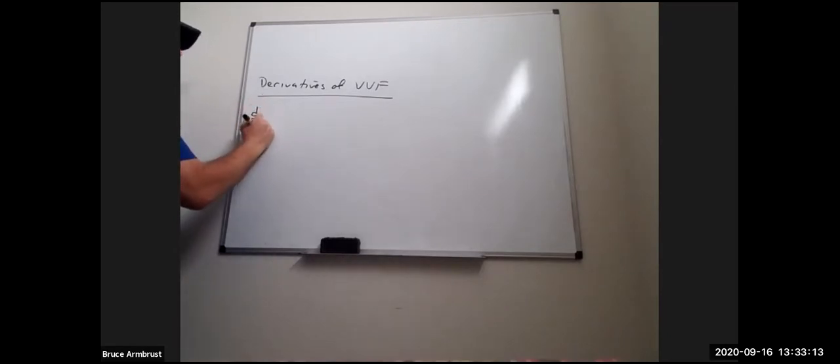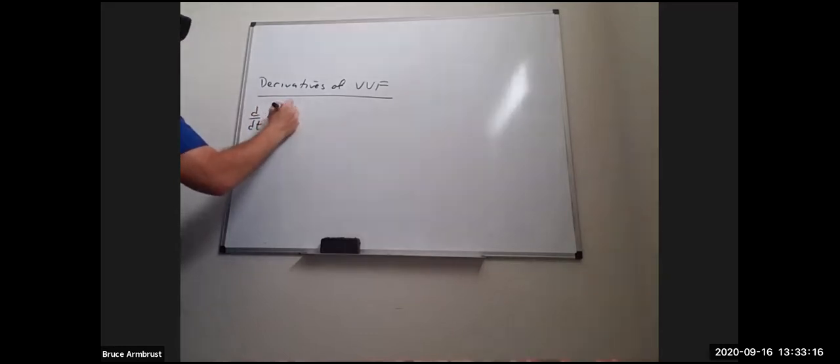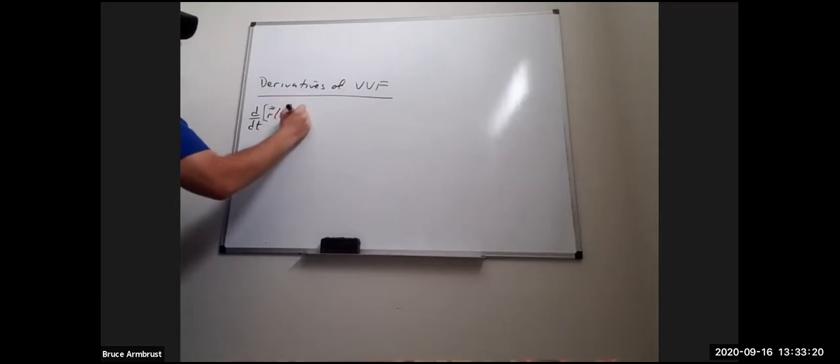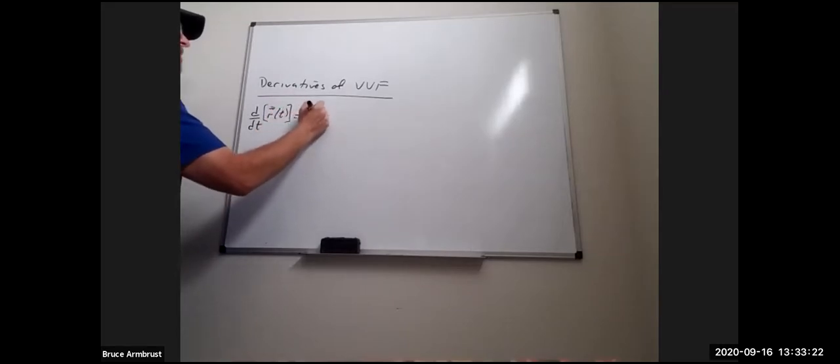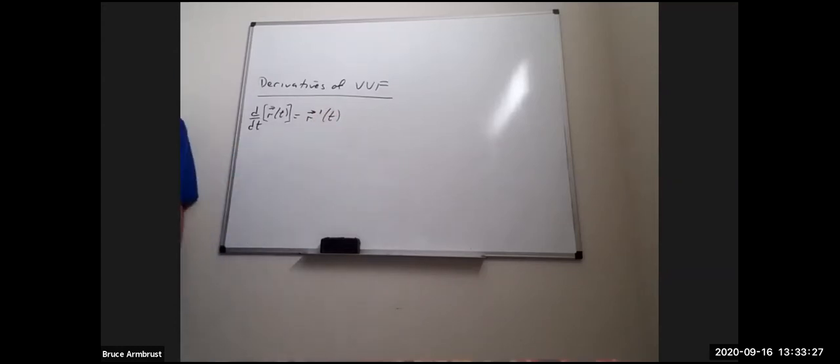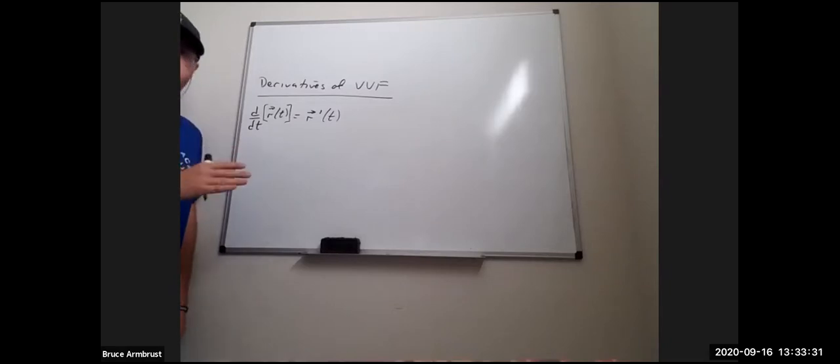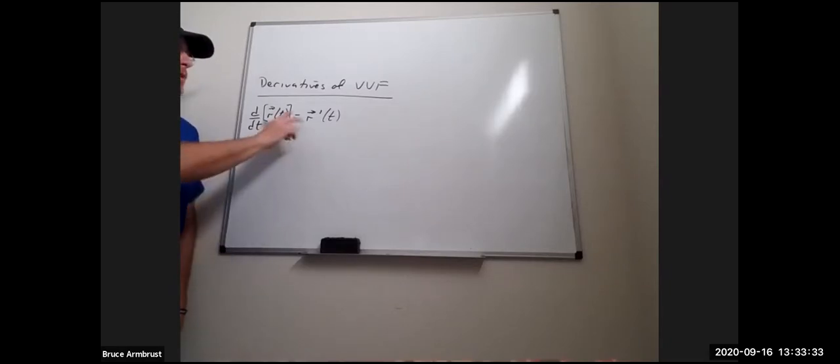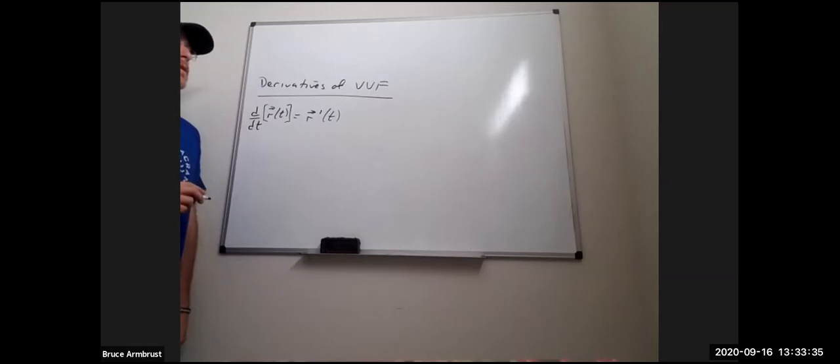We'll either write d dt of r of t, or we'll write r prime of t. So both of those notations are perfectly fine. It's very consistent with what we did before. So we'll do one or the other. And again, it's the rate of change in this vector value function.